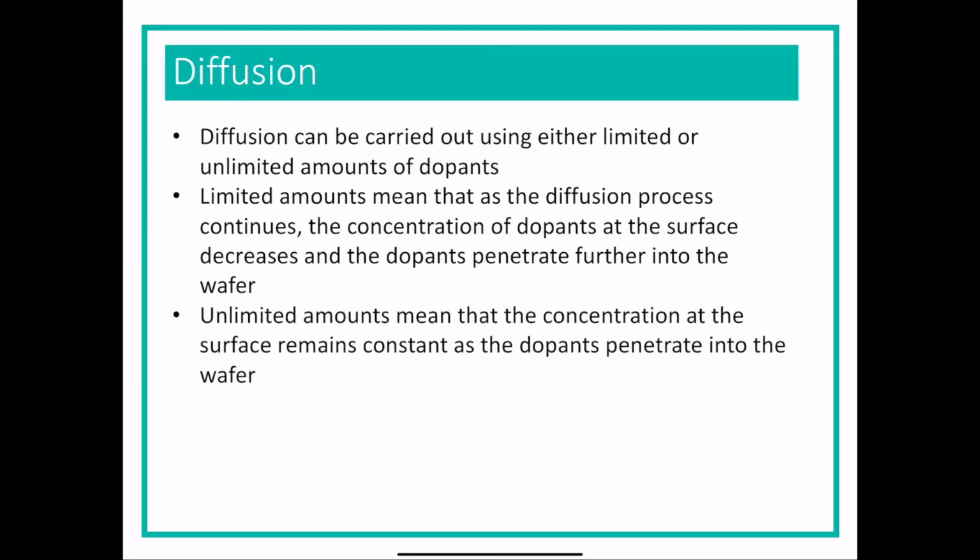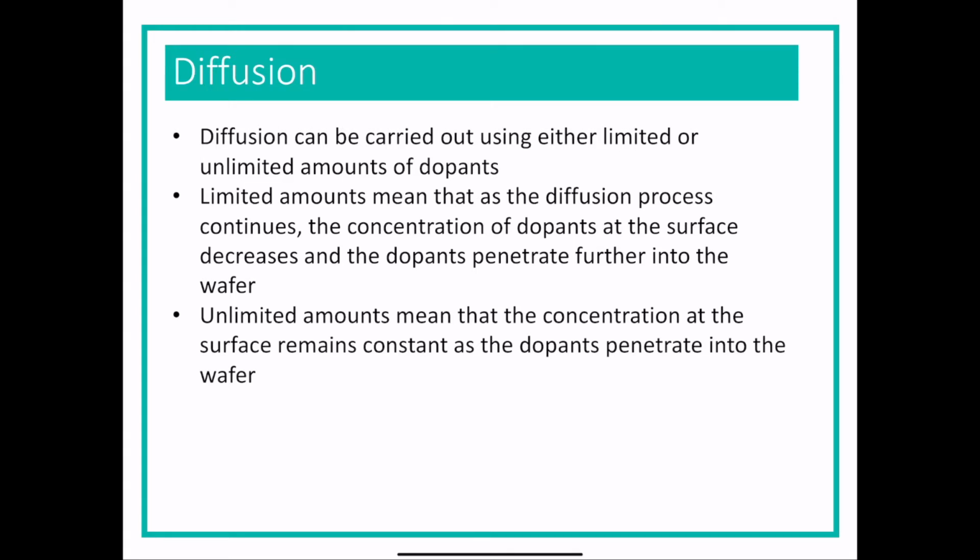Unlimited means that there's going to be a strong concentration at the surface, and as stuff diffuses in, more of it comes in on top, and that's two different ways that you can get dopants to come in.